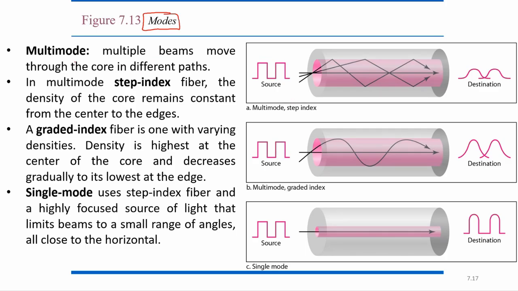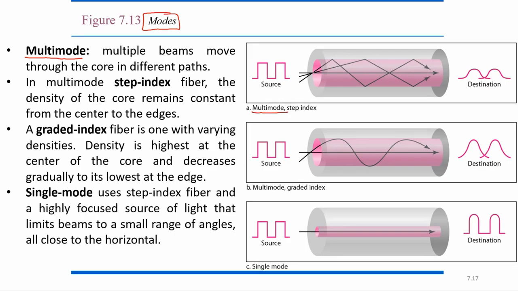If it is multi-mode, multiple beams move through the core in different paths. Multiple light beams means it can support more signal transmission at the same time. The first figure A shows the multi-mode.